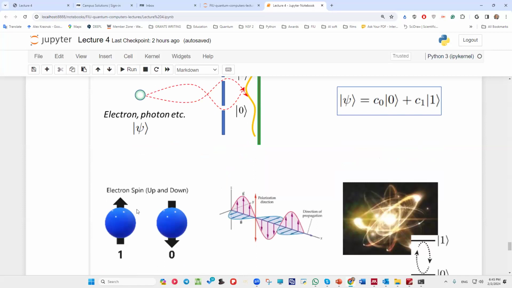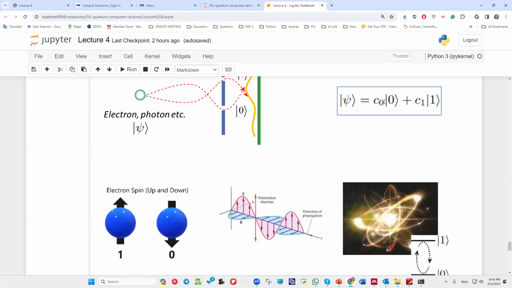So for example, if I consider an electron like this, this state 0 points down, spin points down, state 1 spin points up. If I measure the electron, I can find it in the state up or state down. And this C sub 0, C sub 1 describe the probability of finding the corresponding state.